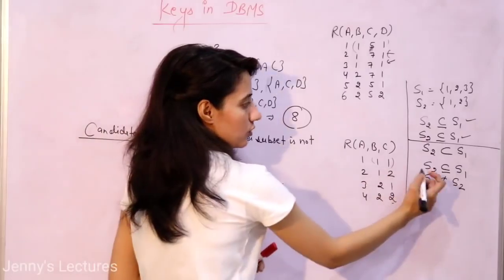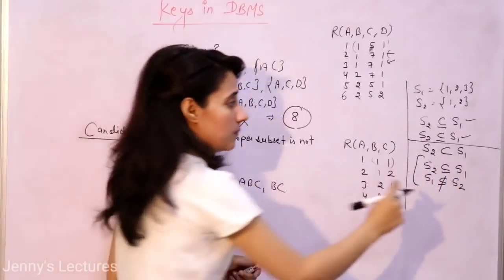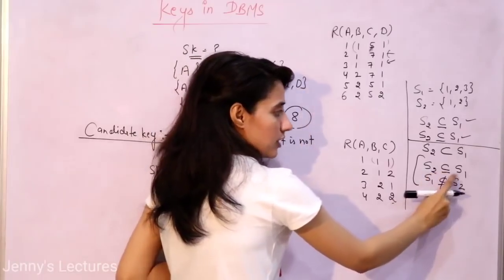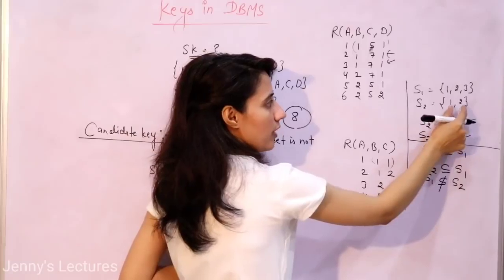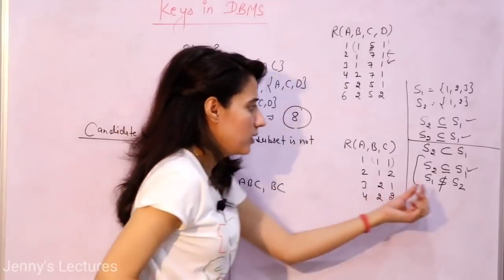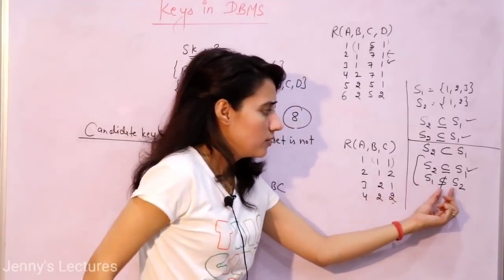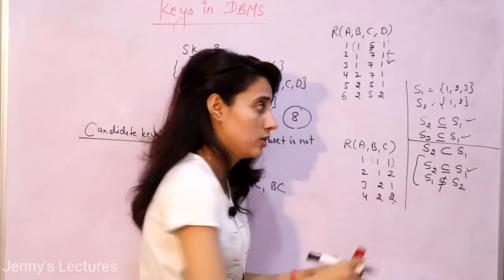These two conditions must be satisfied. S2 is a subset of S1 means S2 having members 1 and 2, and 1 and 2 are members of S1, so this condition is true in this case. Now check, is S1 a subset of S2? This should not be the case in a proper subset.